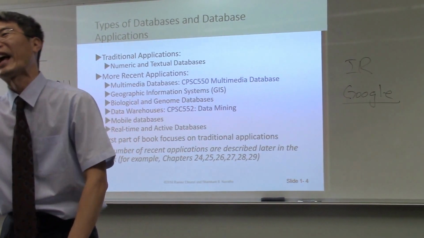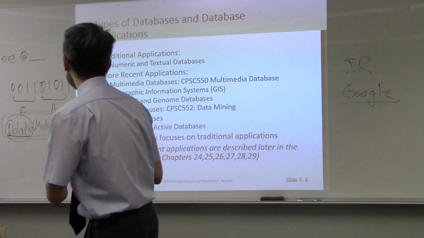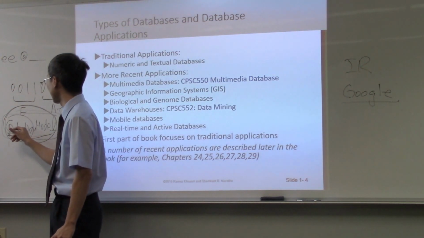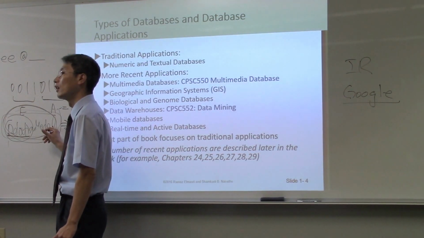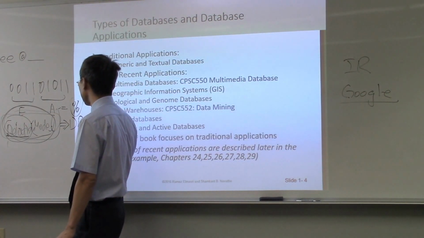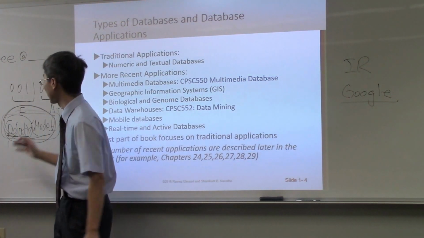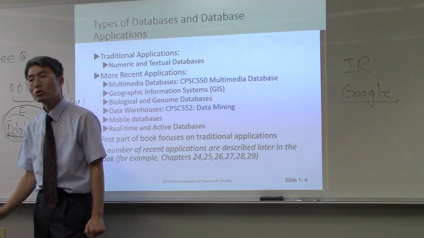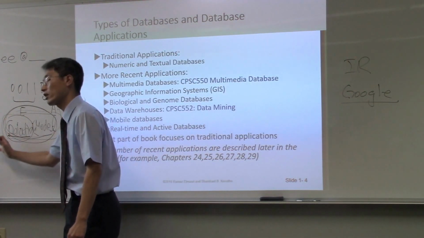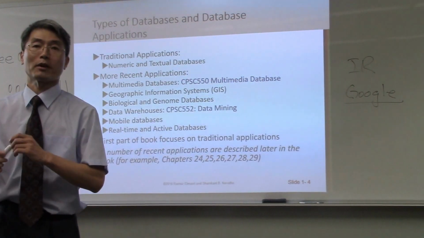It can be called an app, software, or a program, it doesn't matter. A computer program that implements the relational model or any data model is called a DBMS, database management system. It's nothing but software that implements this. So in this class we are going to learn the relational database model using an RDBMS.